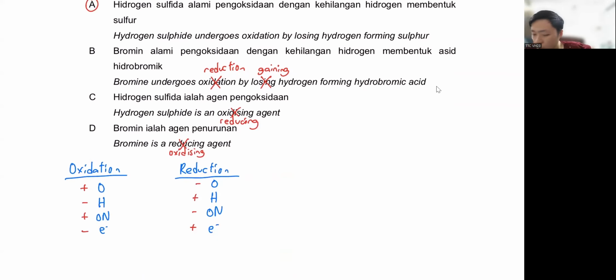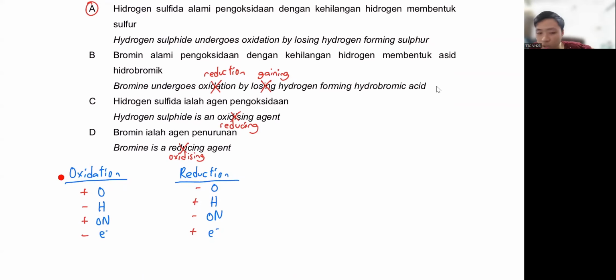If you still remember, oxidation is OIL... they will gain oxygen, lose hydrogen, increase in oxidation number, lose electron. Oxidation is the reducing agent, and the oxidizing agent is for reduction. Reduction is the same thing, but the signs are reversed.